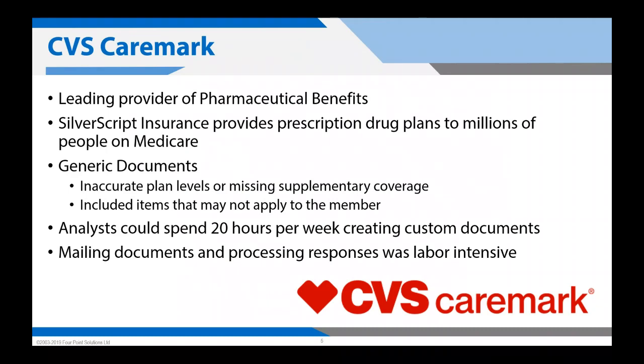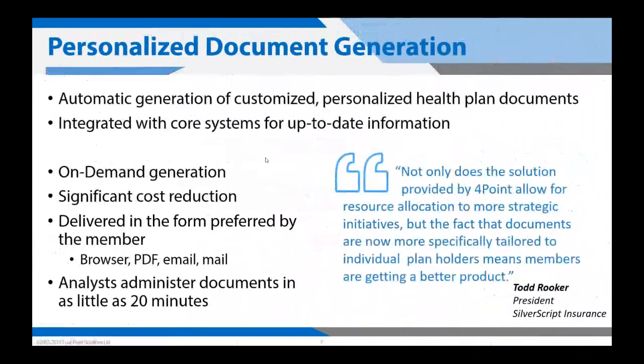So what CVS Caremark did was they utilized Adobe Experience Manager for the automatic generation of customized, personalized health plan documents. So the member could now go online, request the document, and then that would be linked into their back-end systems.